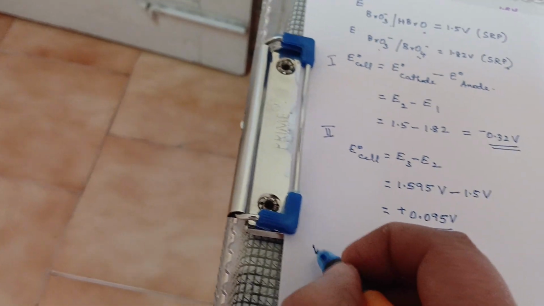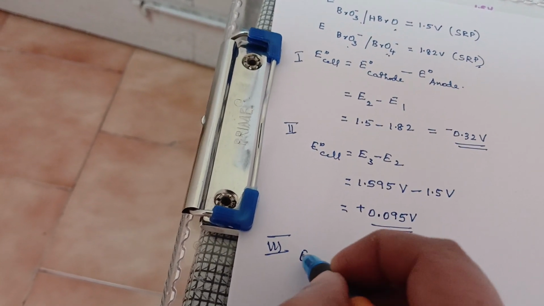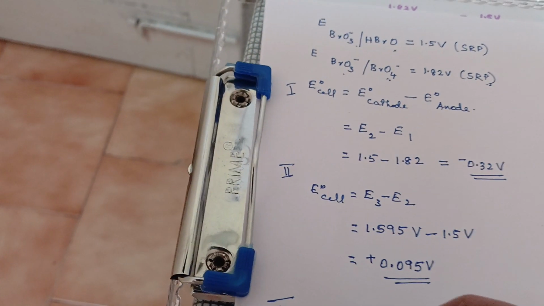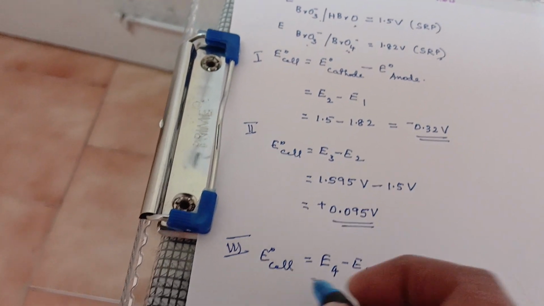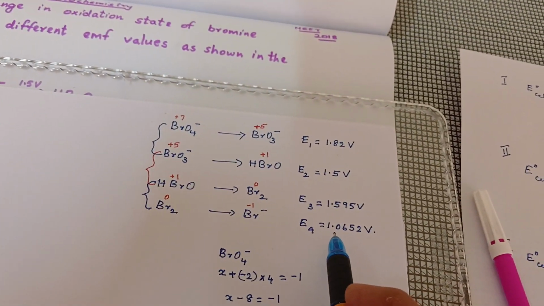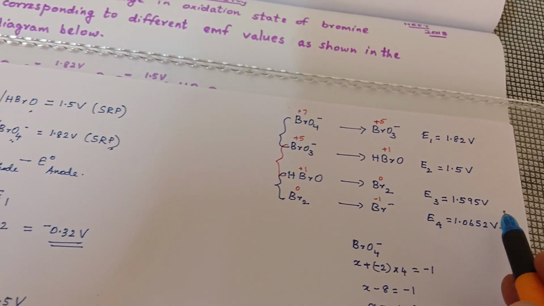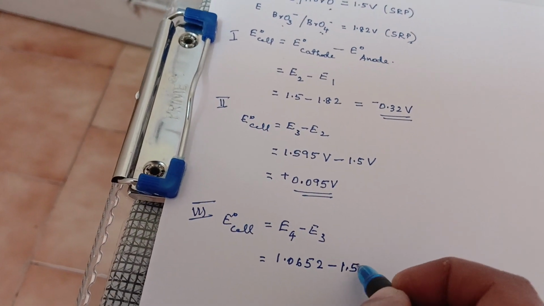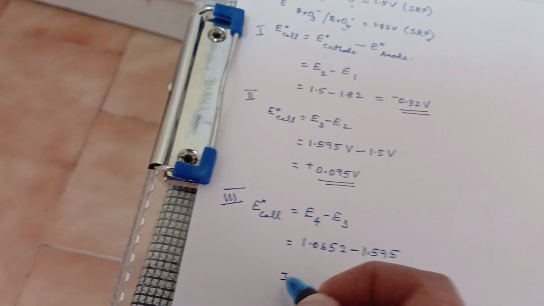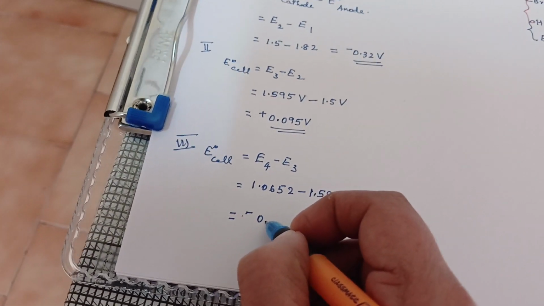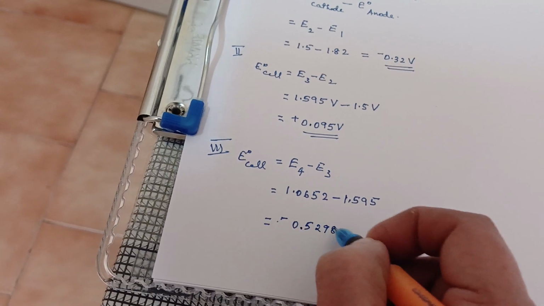And for the third cell, E0 cell equals E4 minus E3. E4 is 1.0652 minus 1.595. This we will get as a negative value, minus 0.5298 volts.